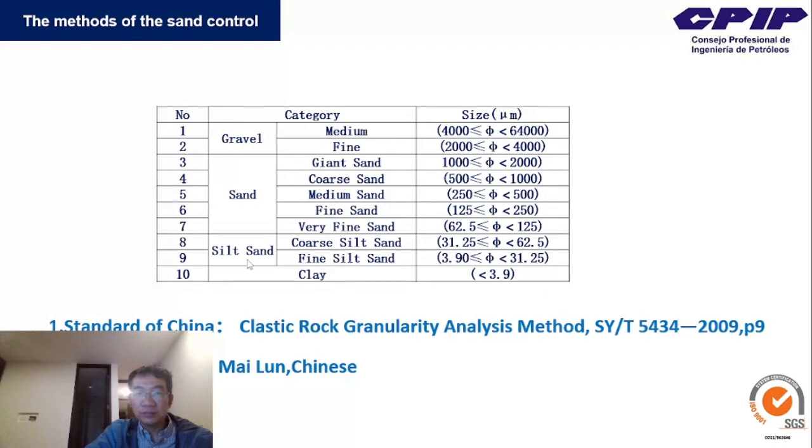The silt sand: the coarse silt sand, size between 31.25 and 62.5. The fine silt sand, size between 3.9 to 31.25.